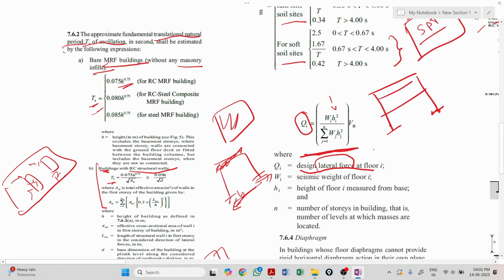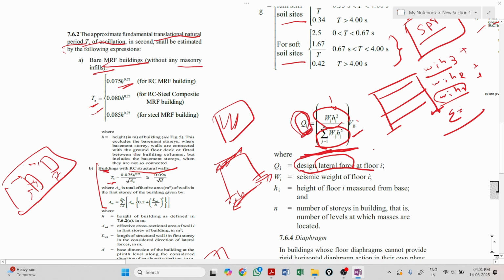For this floor we get it here something like this, and here something like this. Three, two, and one. We add all these, we get the summation. Once we get this summation, we use it here, and for a single story we use it here, and multiply with VB, and we find QI.